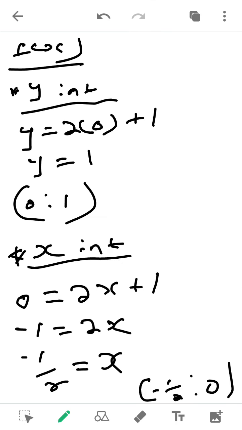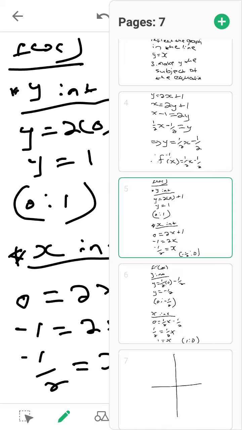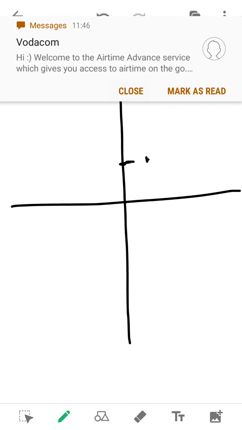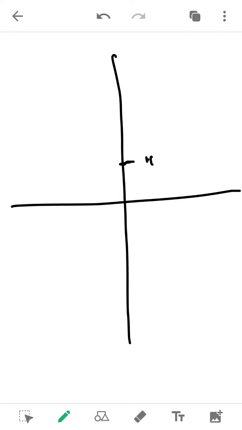We have (0, 1) and (negative half, 0). Zero is to 1, we have a point there. Then we have our negative half here. So our graph will be like this.